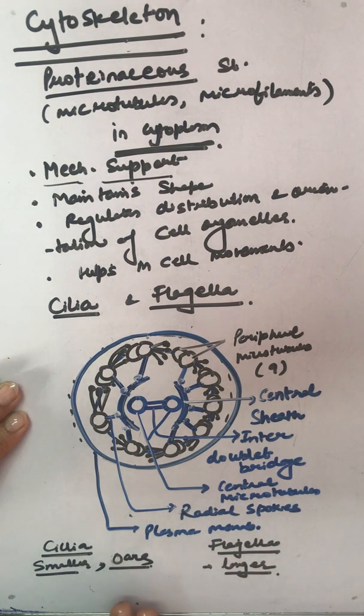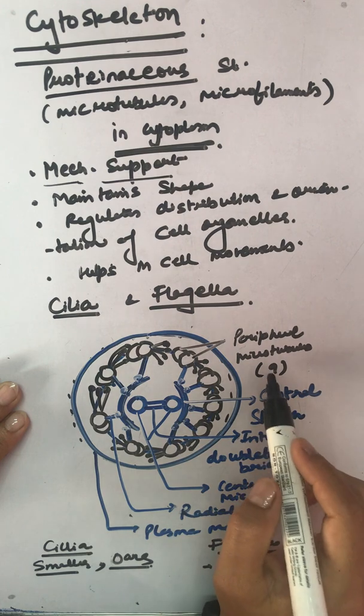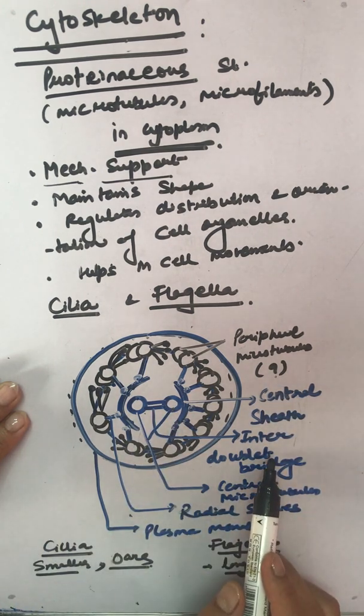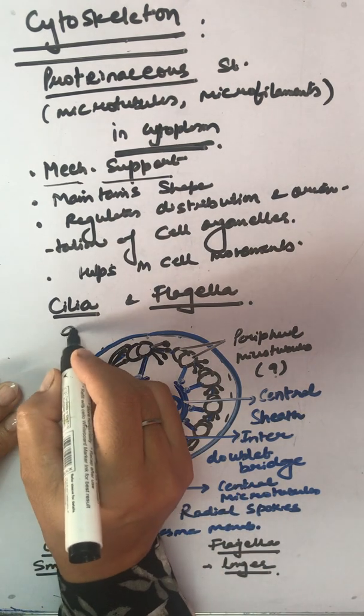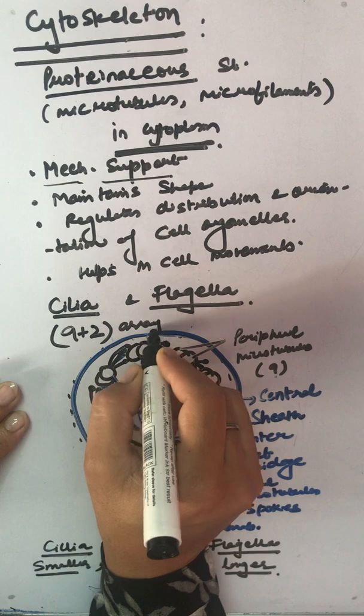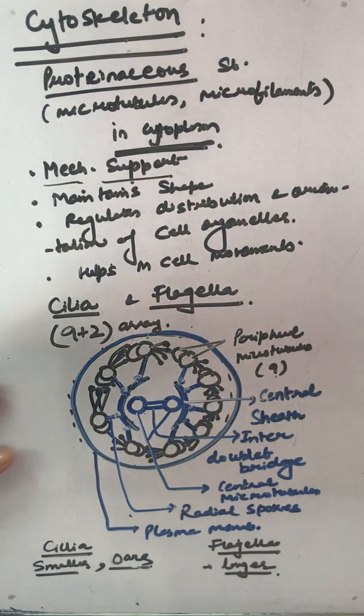Cilia may help in movement of surrounding fluid or substances inside the organs as well, but flagella are restrictively responsible for cell movement. Since it has 9 peripheral and 2 central microtubules, we call it the 9+2 arrangement or 9+2 array. This is called the 9+2 array of the cilia and flagella structure.